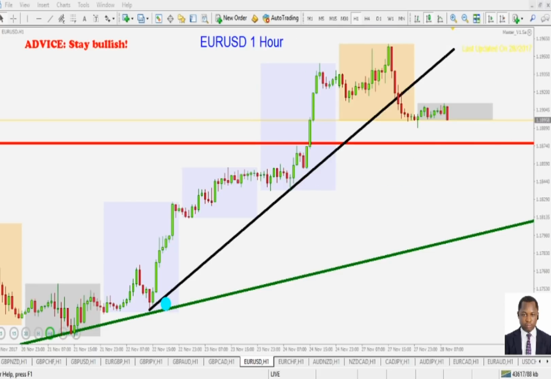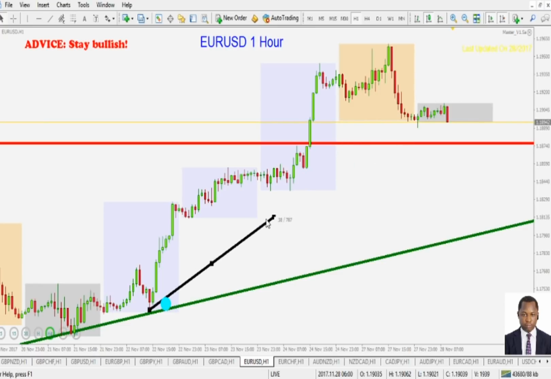In the euro against the American dollar, I am actually seeing that this trend line, just give me a minute. All right, I am actually seeing that this trend line has done its job.